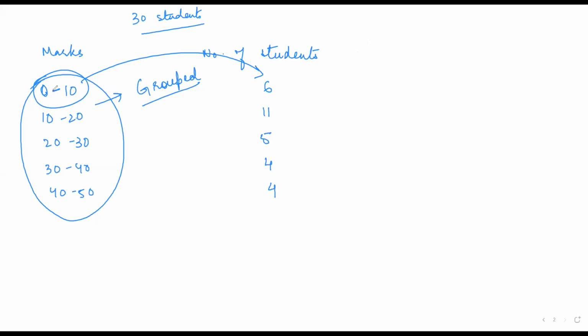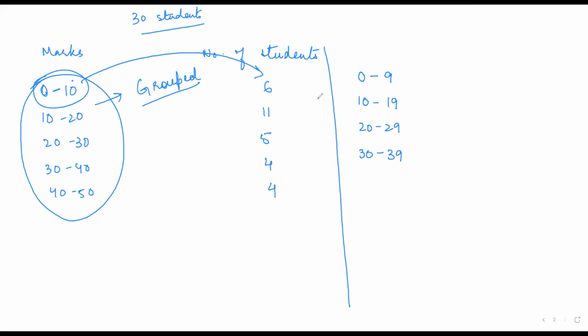Now, there is a convention here we learned in class 9. For example, instead of this, if it is given like this, 0 to 9, and then they are starting 10 to 19, and then we have 20 to 29, and then 30 to 39, and like that.